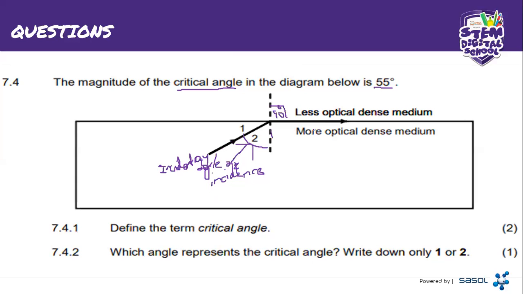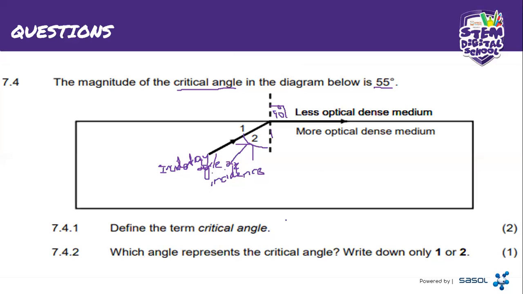Now, we know definitely, if I have an angle of incidence like angle number 2, which causes the refracted ray to lie on the surface of separation between the two media, then that angle of incidence represents the critical angle.